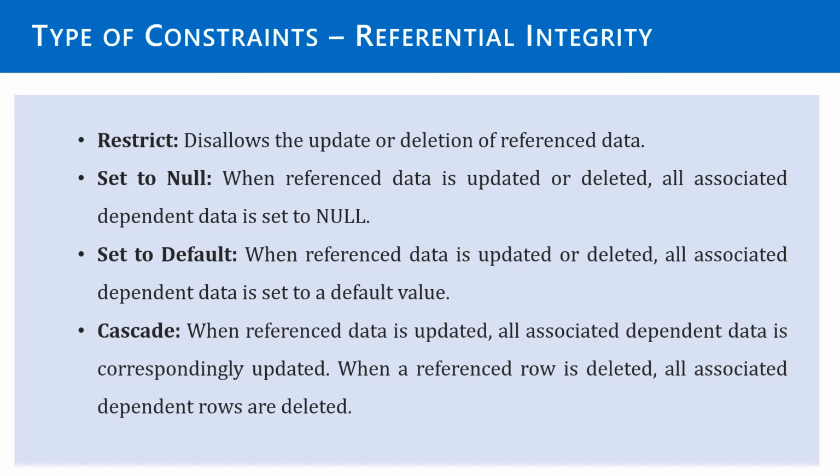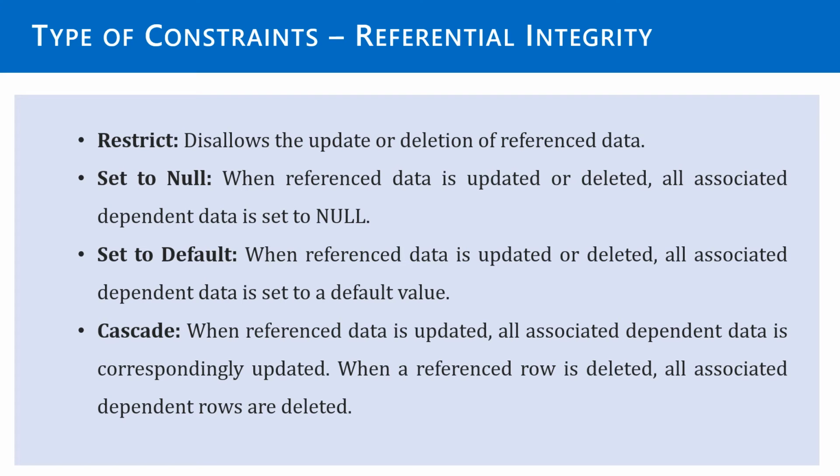Another rule is cascade. When referenced data is updated, all the associated dependent data is correspondingly updated. When a referenced row is deleted, all its associated dependent rows are deleted.